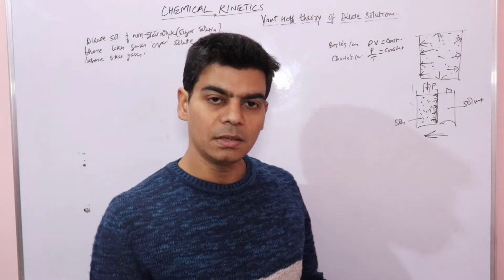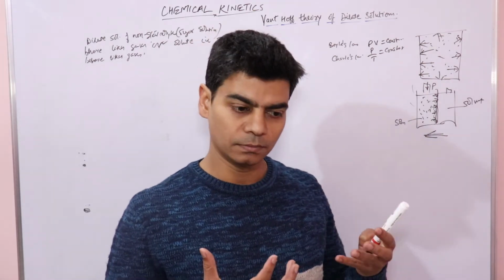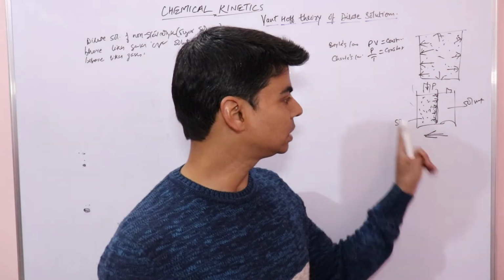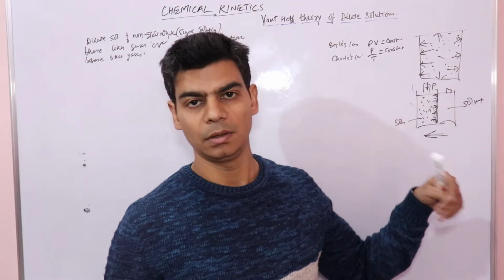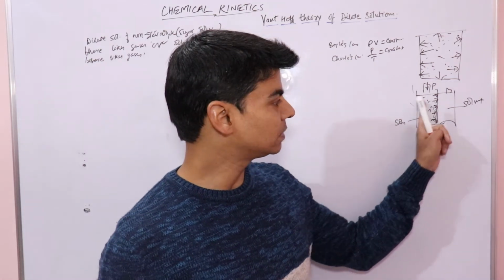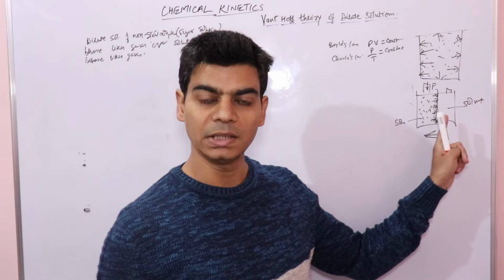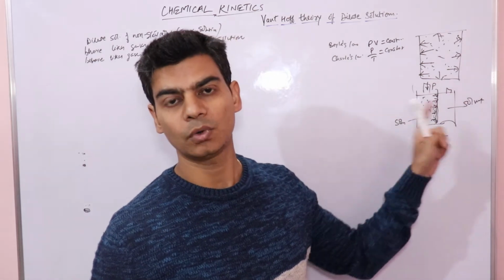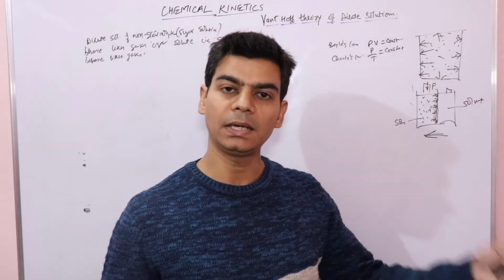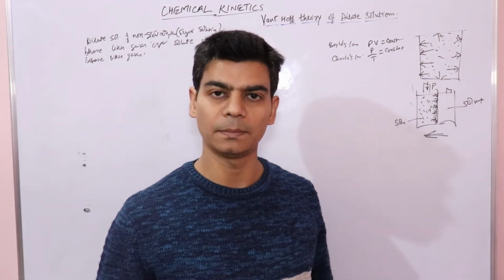And by saying more solute particles, we mean more concentration, right? More solute particles in the solution means the concentration of the solution is high. So this pressure varies directly with the concentration of the solution.